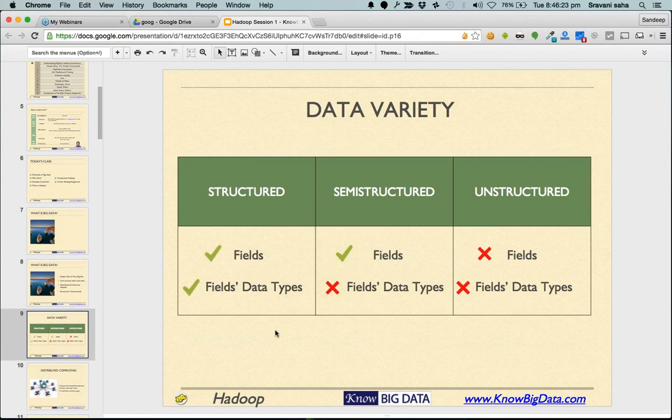Great. Now, when we talk about data variety, when we say structured and unstructured data, what does it mean? Let's have a look at this chart. When we say structured data, it means we know clearly what the fields are, as well as the data type of each field.